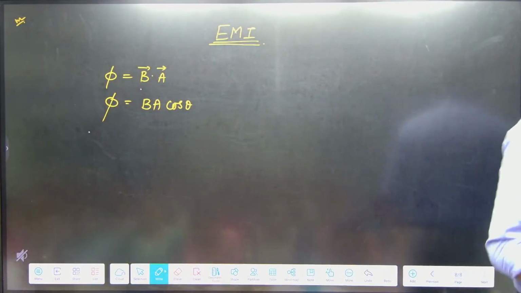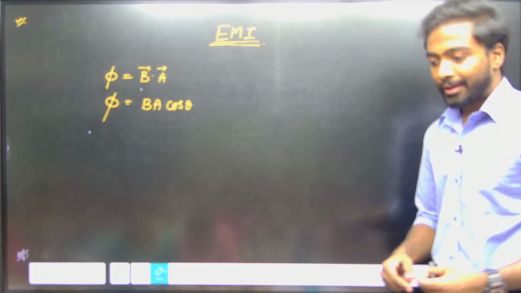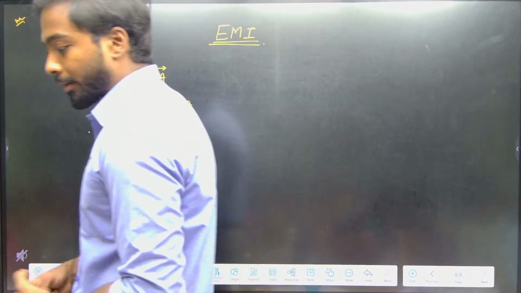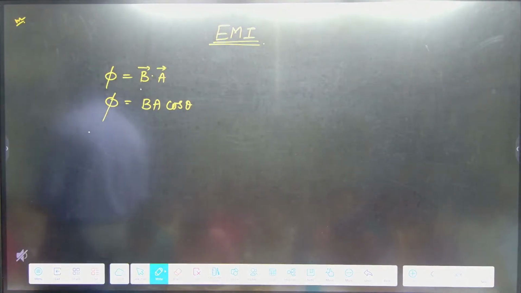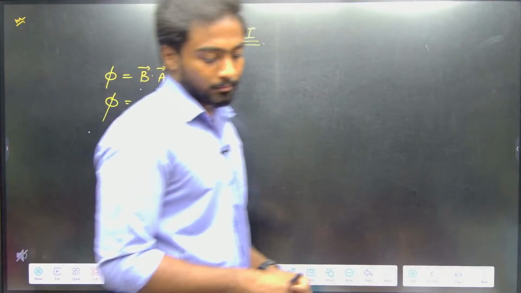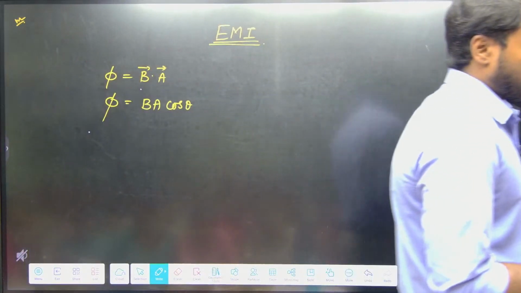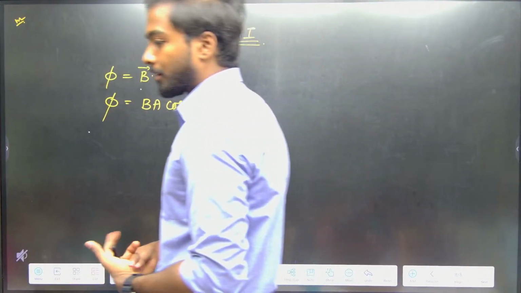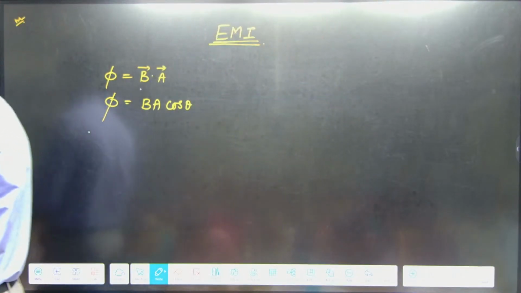The next point is, area is a vector quantity, and it is directed radially outward.